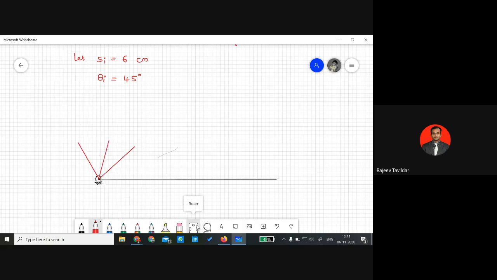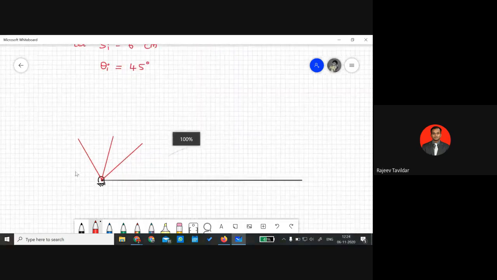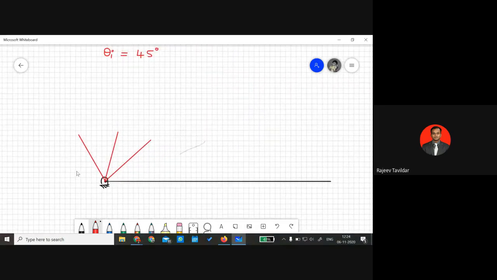So I've drawn these three positions. And now I can clearly mention these angles. This is 45 degrees. What should be this angle now?